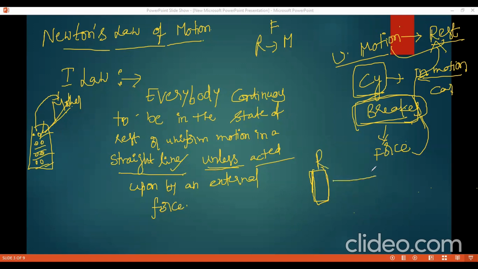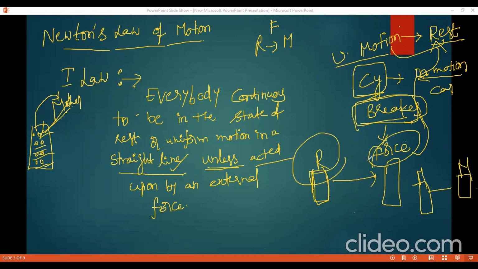If it is at rest, it continues to be at rest. If it is in motion, the body tries to be in motion only. This property of a body which tries to be in the same state can be called inertia.